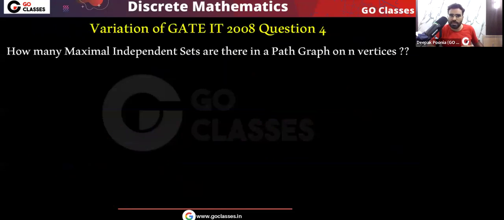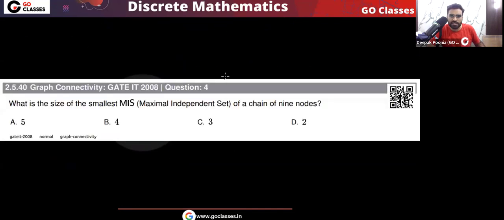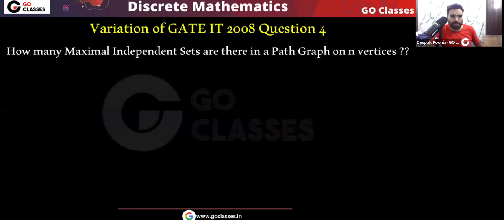This is a variation of the GATE IT 2008 question number 4 that we have just solved, where the answer is option C. The variation is: how many maximal independent sets are there in a path graph, or a chain, on n vertices?